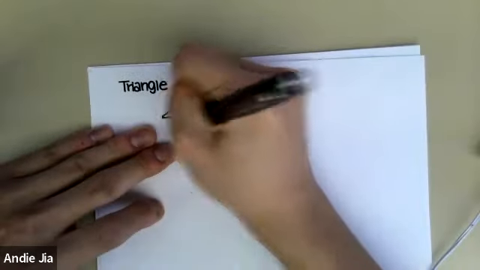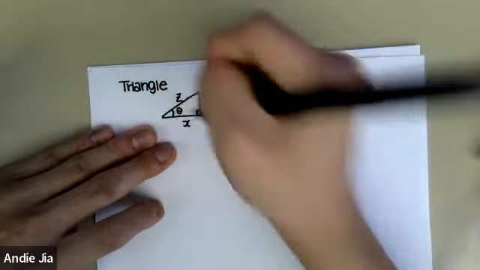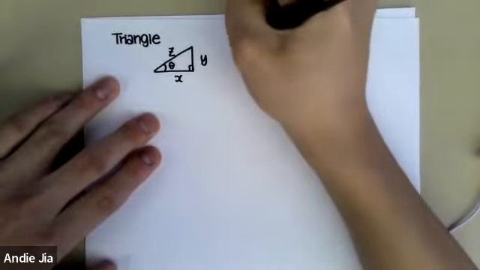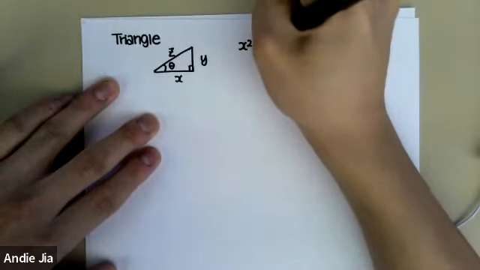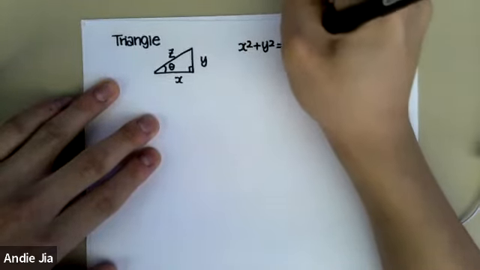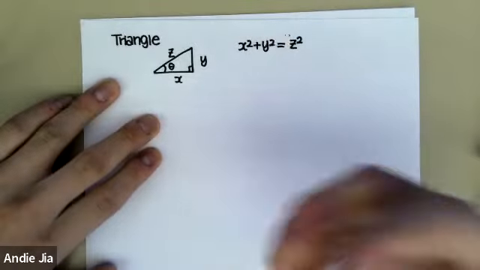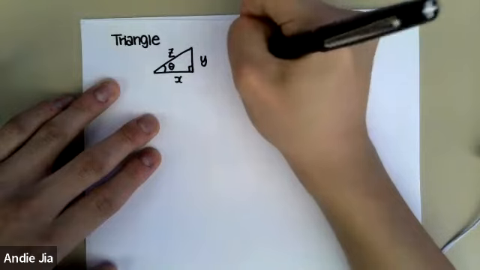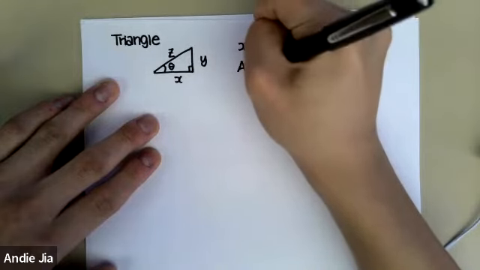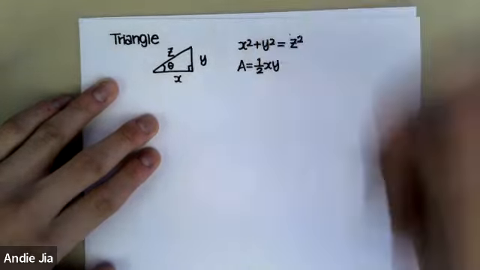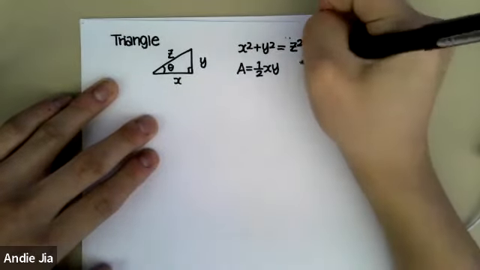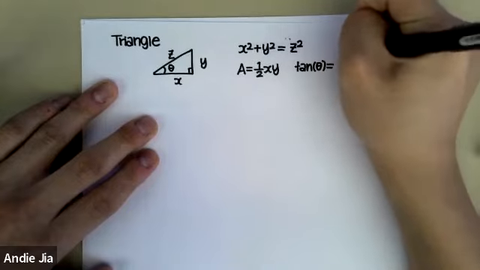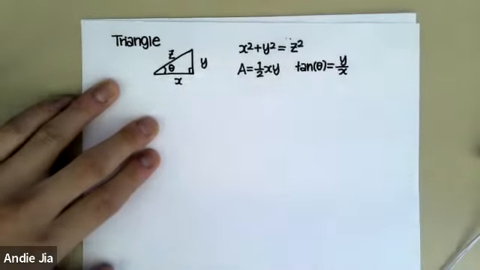With sides x, y, z, we know x squared plus y squared is equal to z squared, and the area is 1/2 times x times y, and the tangent of theta is y over x.